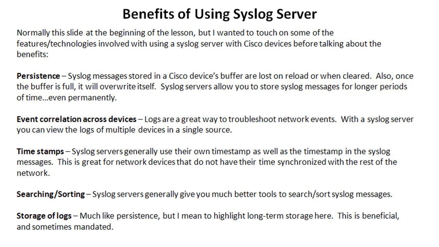So you might see an error on R1 and it says it happened on March 1st, 1992 or some goofy thing, because your timestamps aren't set up properly. But on a syslog server, they're generally going to have a timestamp of when they received that message, as well as a timestamp that's in the actual syslog message itself, so that can help out. You'll know that instead of happening in 1992, that actually happened in 2010. That's a benefit that might be trivial and might not occur quite often, but it still counts.